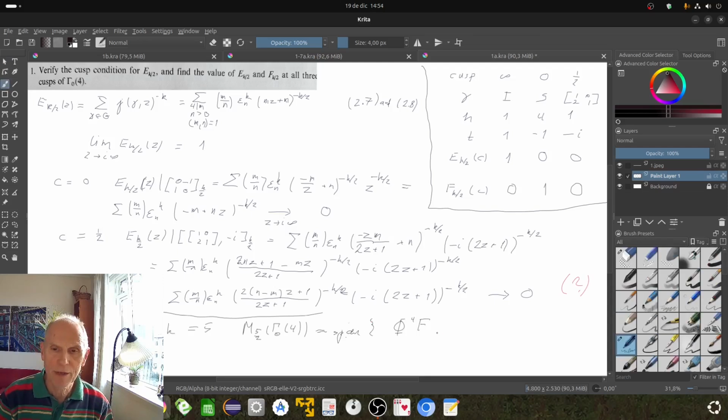It's spanned by this and theta to the fifth. And theta is 0 at the cusp 1/2. That's why we inherit the zeros here.